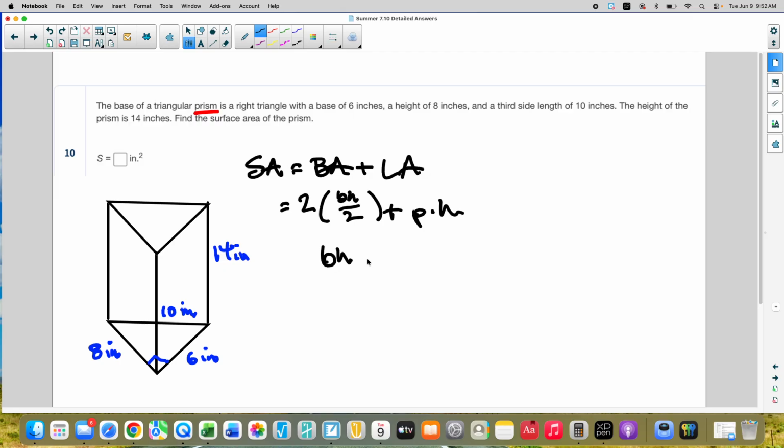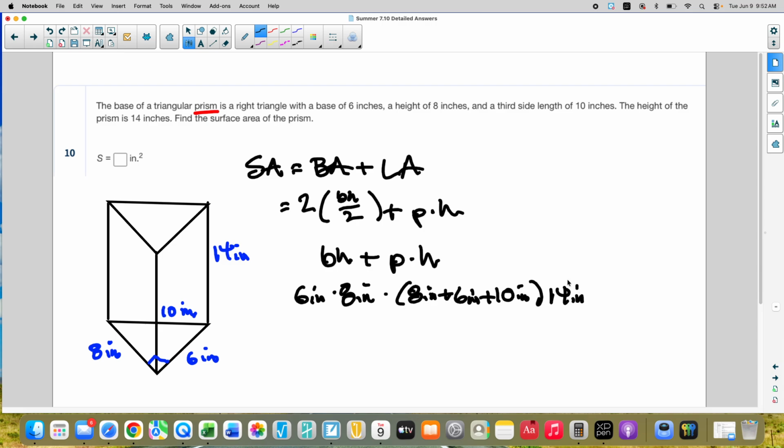We're left with base times height equals perimeter times height. Base times height is going to be 6 inches times 8 inches. The perimeter is going to be 8 inches plus 6 inches plus 10 inches times the height, which is 14 inches.